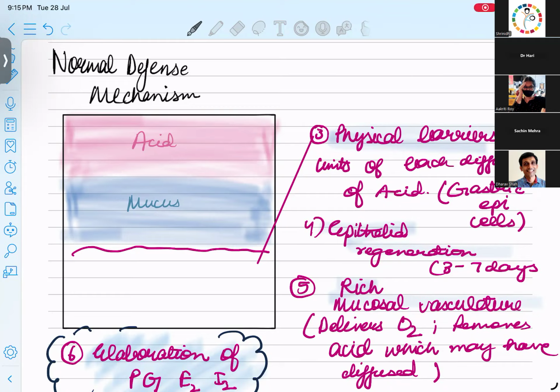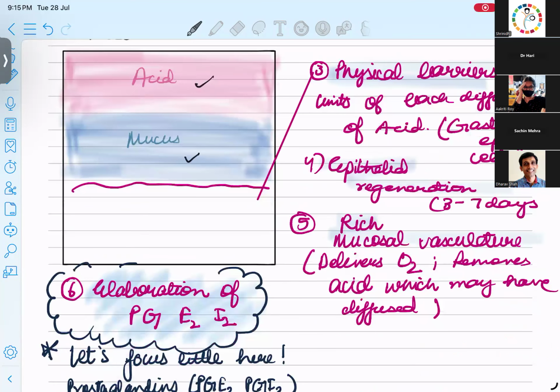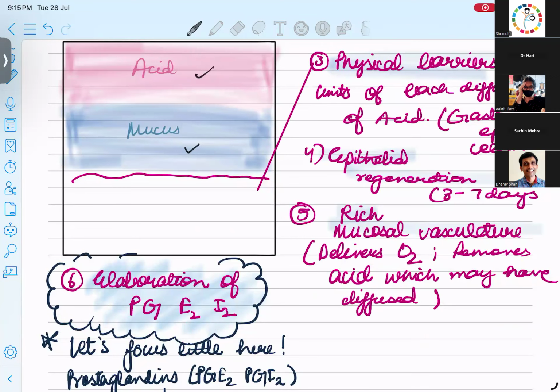So, of course, the upper part has acid, and then there is mucus. But there are also different things such as physical barriers कि हमारे cells, gastric epithelial cells जो हमने ऊपर देखे in the glands, they limit the back diffusion of acids.